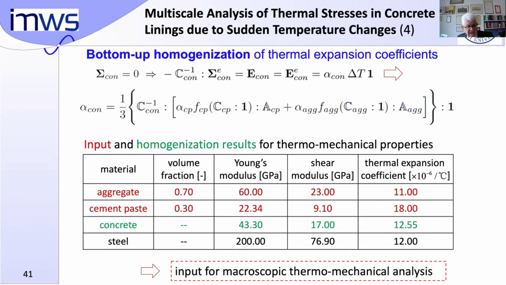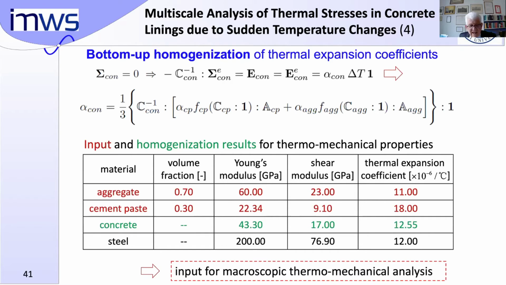Take a look at the table here. It gives the input in red color, both for the aggregate and the cement base, for several quantities: modulus of elasticity, shear modulus, thermal expansion coefficient. And it also gives the results in green color. If you take a look, for example, at the third column, you see here Young's modulus.